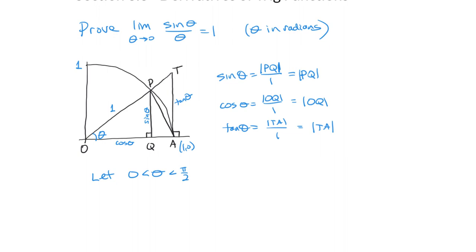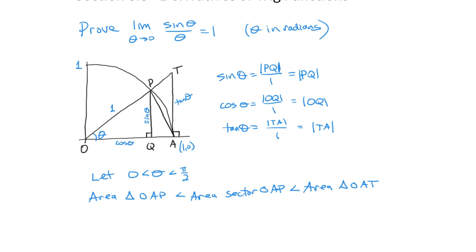All right, so we start with this, and then I'm going to make a statement here and see if you agree. I'm going to say that the area of triangle OAP is less than the area of sector OAP, which in turn is less than the area of triangle OAT. So let's look at what this says.